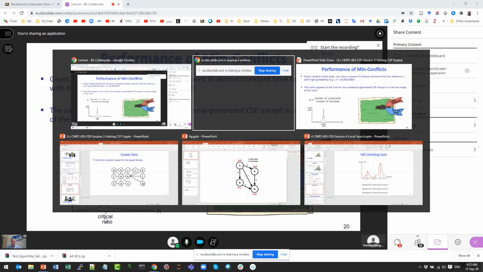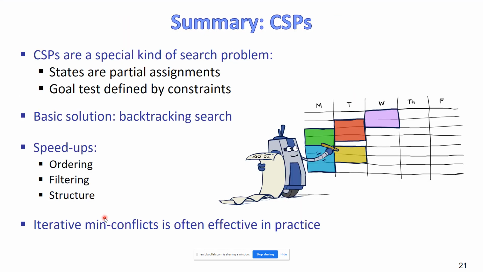Okay. So in summary, what we studied in CSPs is that CSPs are a special case of search problems. The states usually are partial assignments when we build up the solution one variable at a time. Towards the end we studied this local search idea, which is iterative improvement, which starts from complete states.